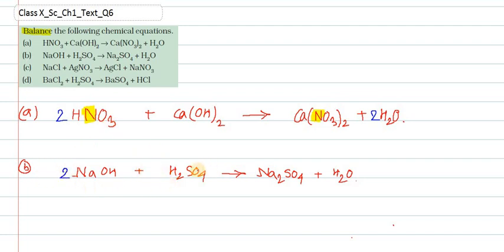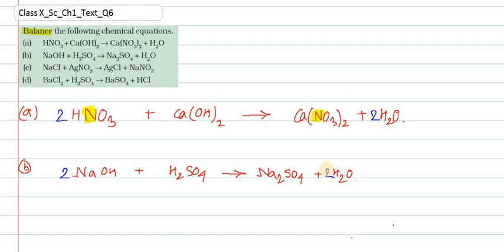Now let's move on to sulfur. On the left hand side we have one sulfur, and on the right hand side also one sulfur. So sulfur is automatically balanced. Now what about oxygen and hydrogen? Let's focus on hydrogen. On the left hand side we have 4 hydrogen, whereas on the right hand side we have only 2 hydrogen. So let me put 2 here.